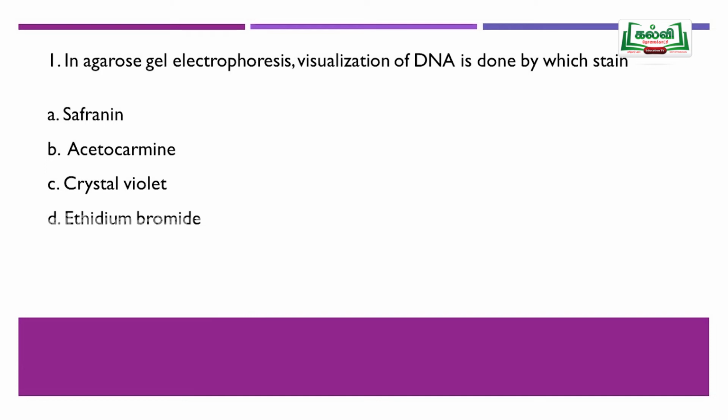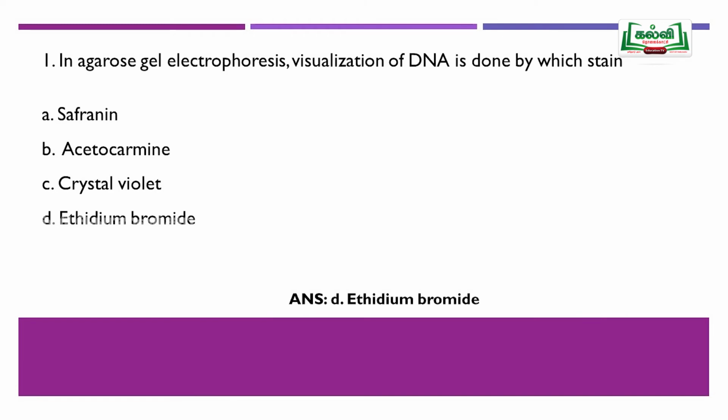Crystal violet is used for bacterial staining. So the remaining one is ethidium bromide. As we discussed previously, ethidium bromide is a highly carcinogenic chemical, and we use it for visualization of DNA molecules. So the answer is ethidium bromide, option D.